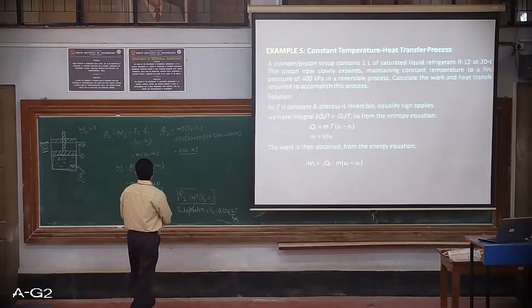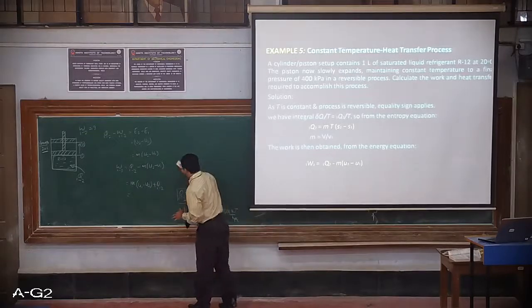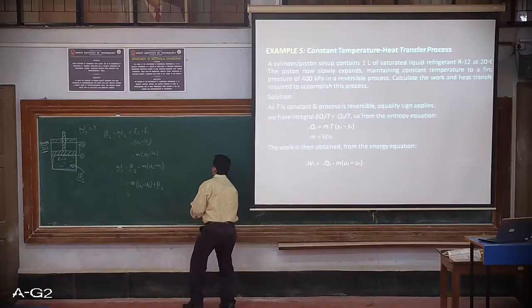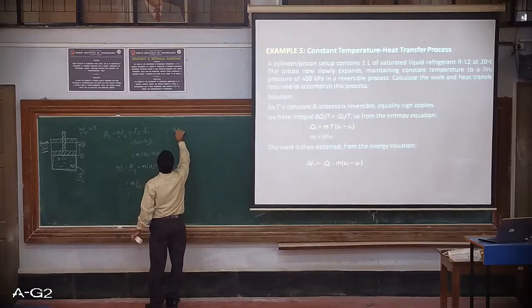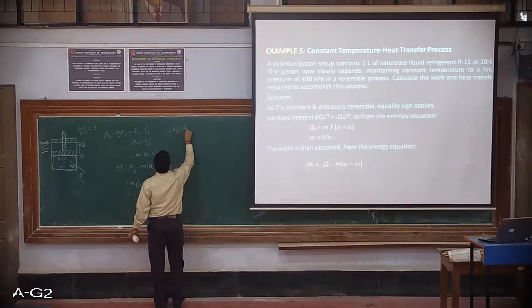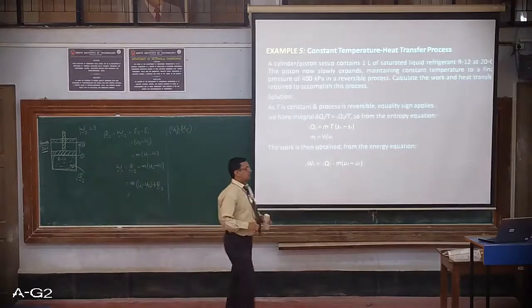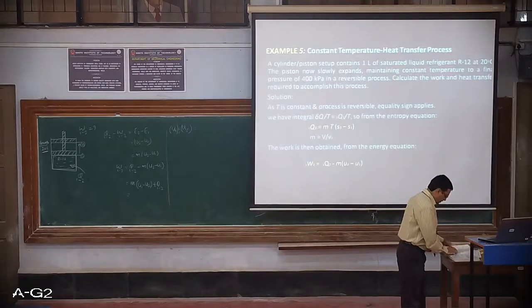Now our objective is to find two more specific properties, that is U1 and U2. How to get the value of U1? U1 is to be obtained at state point 1, so obviously this is Uf, the specific internal energy of R12 for a given value.